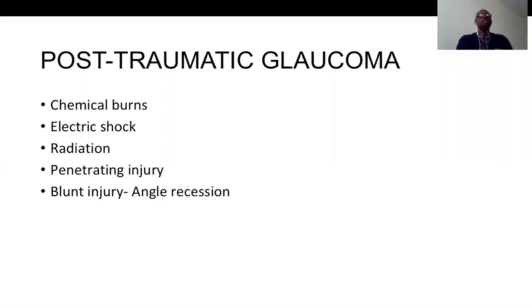Most notable is when the retained intraocular foreign body contains iron, and the iron now gets deposited on the trabeculum, causing damage and then impeded flow. In a similar fashion, intraocular foreign body containing copper may also liberate particles that will damage the trabeculum and lead to raised intraocular pressure.